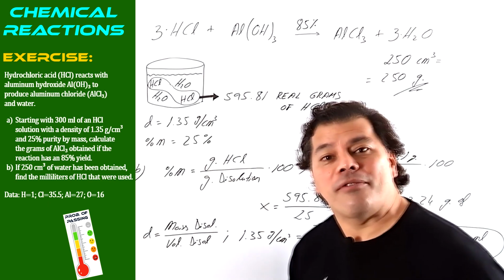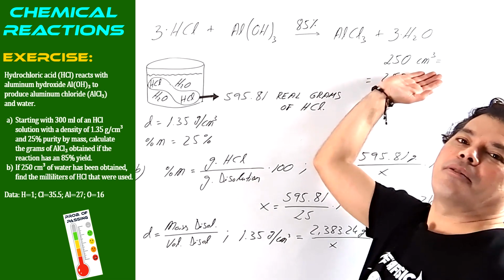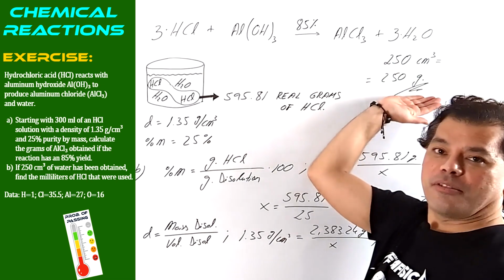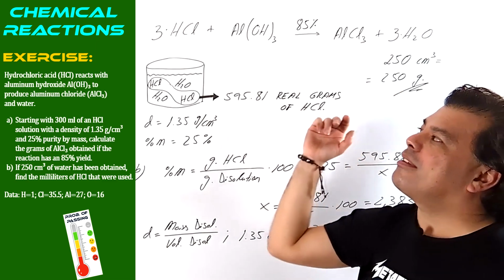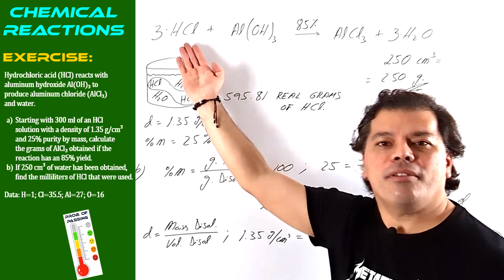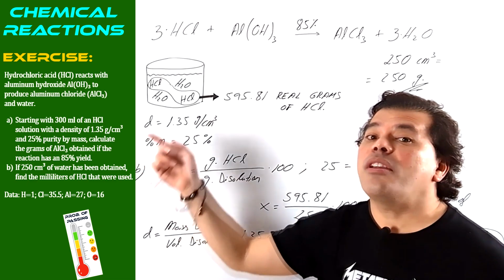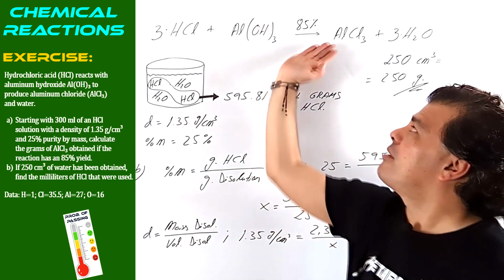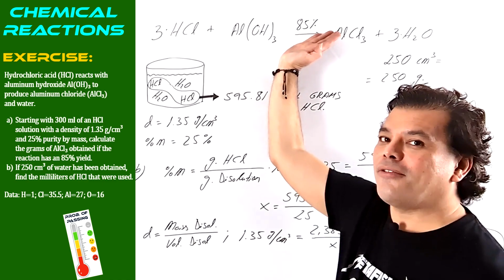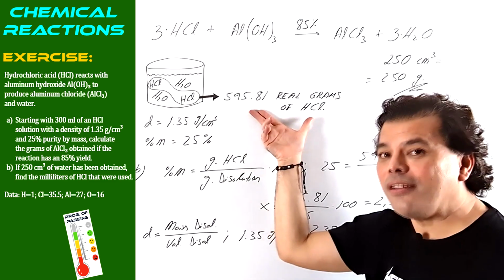And don't forget what we've done. We were given the amount of product in the form of these 250 cubic centimeters of water that we converted into grams of water. Then we injected properly our conversion factors in order to calculate the theoretical grams of hydrochloric acid, theoretical grams. And we divided this result by 0.85 in order to calculate real grams of hydrochloric acid, real grams.